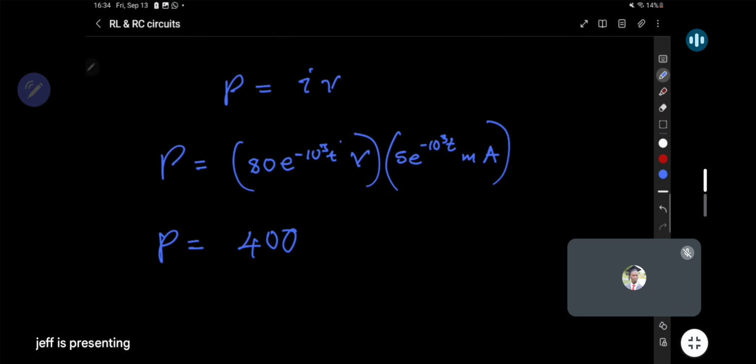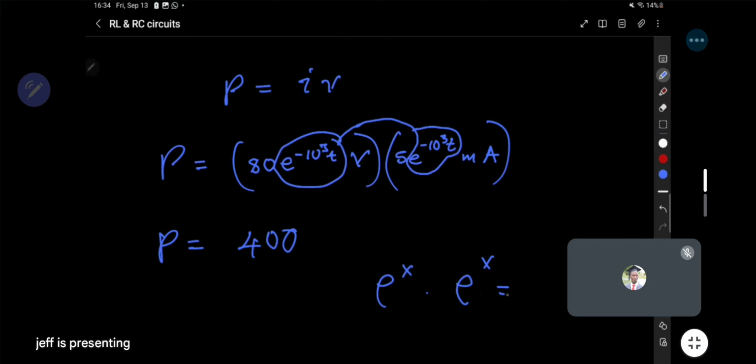Now we're multiplying e to the minus 10 to the power 3t, multiplying e to the minus 10 to the power 3t. So we see that this is the same thing we're multiplying. When you're multiplying e to the power x, multiplying e to the power x, same base, add the powers. So this becomes e to the power x plus x, which will just be 2 times x.